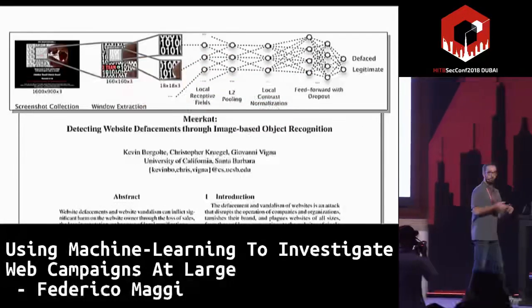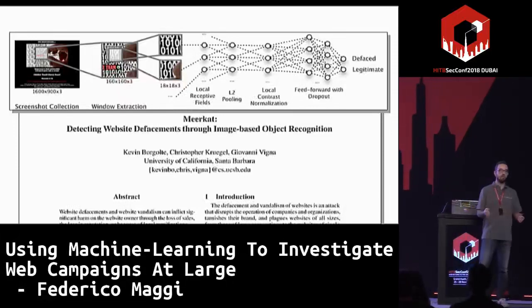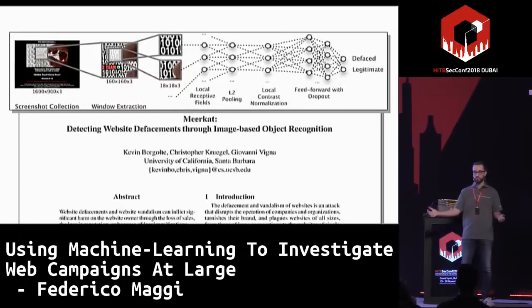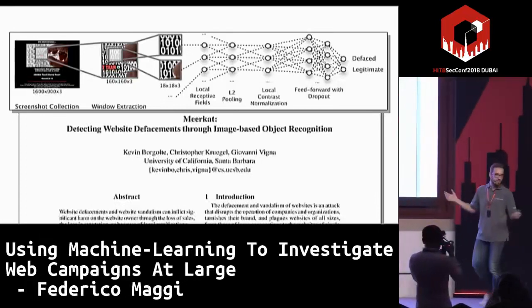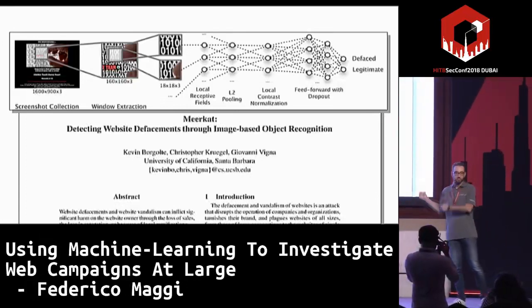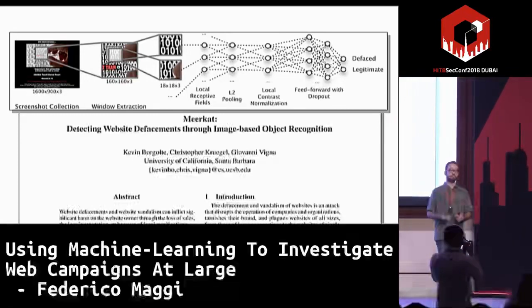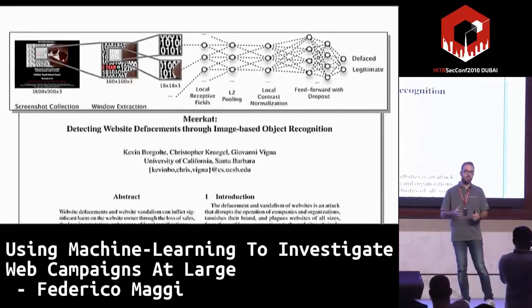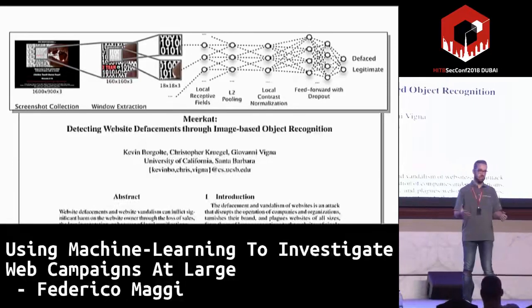There is interest, of course, in the detection part. As a company, you want to be able to detect if your page is being defaced as fast as you can. In my opinion, even though I love Kevin, he's a great friend and he's made a very interesting piece of work here, I don't think the detection part is very important, in the sense that for a website operator, it's fairly easy to deploy integrity checks on the website and understand if the web page is being defaced or not.